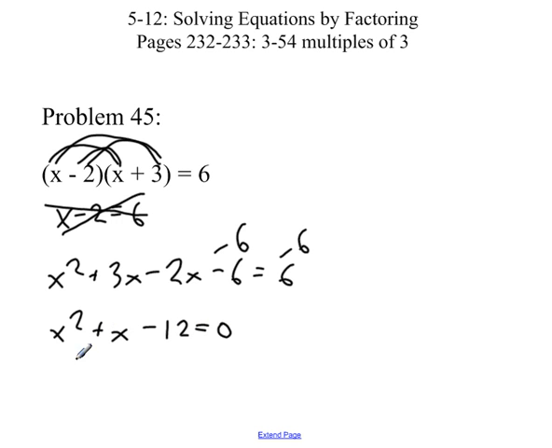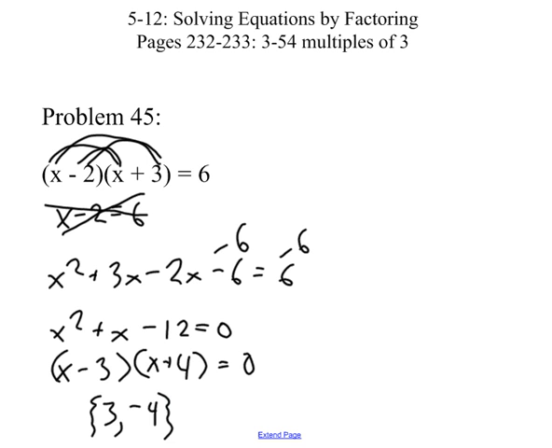And now we're back on track to getting my solutions to x. X squared is x times x. I want a positive 4 and a negative 3 to get me a positive 1x in the middle. Therefore, my two values of x that would make this 0 are a positive 3 and a negative 4.